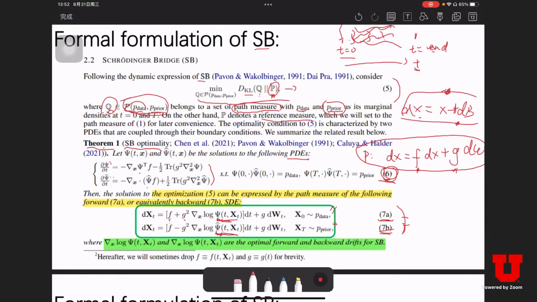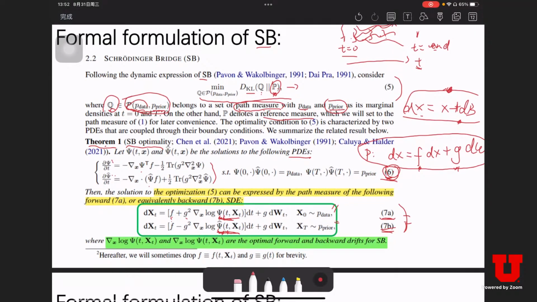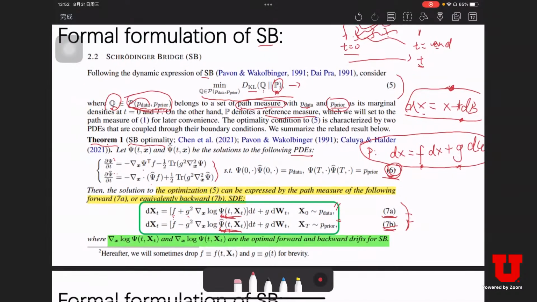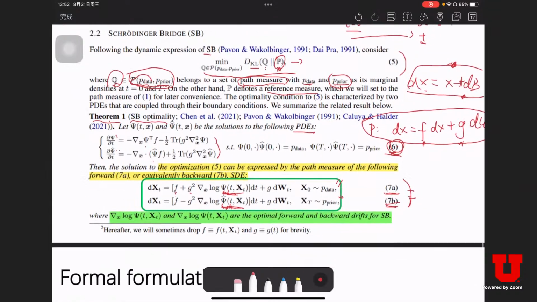However, it's always hard to do that because the coupled PDE is very complex. So some authors in this community have worked out approximate ways to approximate psi and psi hat, and with such approximations and transformations, we can get an easy way instead of solving the PDE to get psi and psi hat. So let's go to the next step.